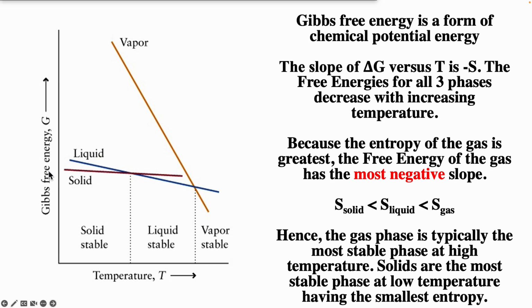Because the solid has the least entropy, it's going to have the least negative slope. Because of the gas's entropy and its most negative slope, that's why gases are always the most stable phase at high temperature, as long as the compound doesn't decompose. And because solids have the smallest entropy and the least negative slope, that's why solids are the most stable phase at low temperature.